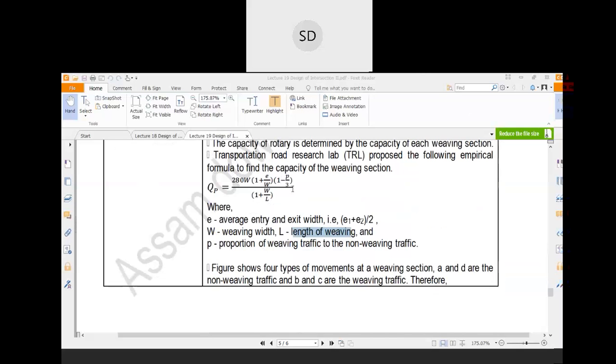After that, you can calculate the capacity of the rotary intersection. Suppose you have found that the capacity is 2500 vehicles per hour. Now, how can you check whether your rotary intersection is working properly or not?